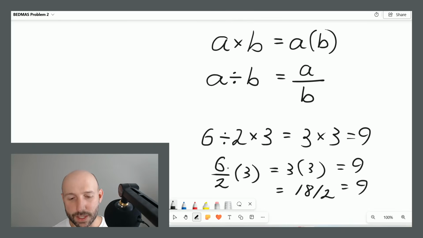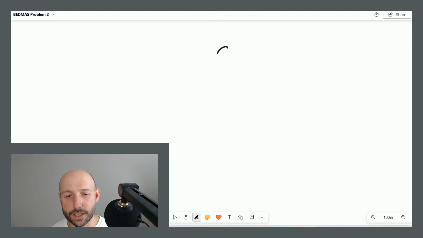We start with a 6, and then we perform some set of instructions to that 6. And the set of instructions involve an operation and a number. If one were to just write 6 divided by, well, that's not a complete set of instruction. It doesn't tell you what to do. If someone were to write 6 2, you would say, well, 2 what?